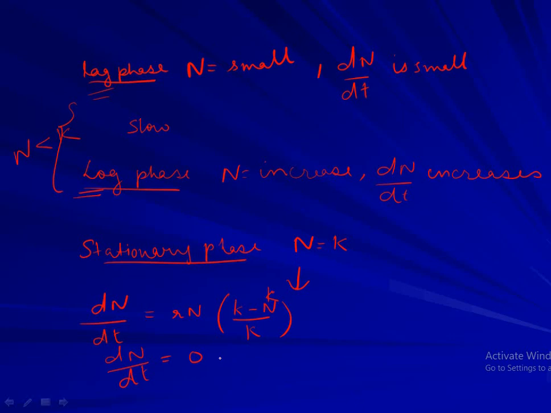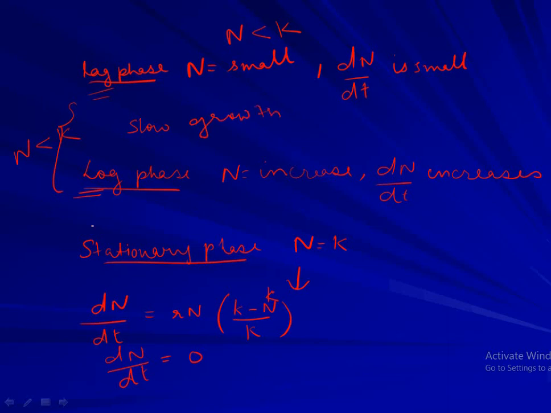So the interpretation of the logistic growth equation we have already done. In the lag phase, N is less than K, N is very small, therefore dN by dt is small, so slow growth takes place.